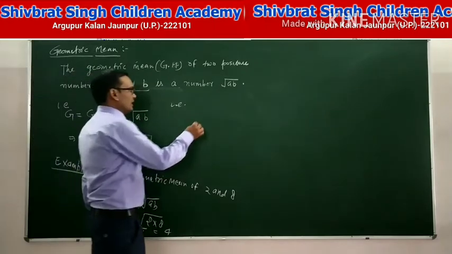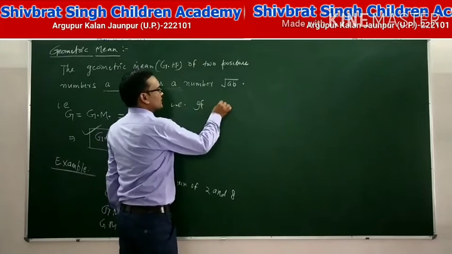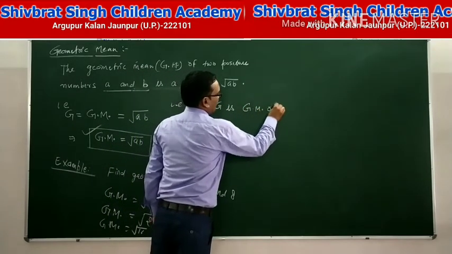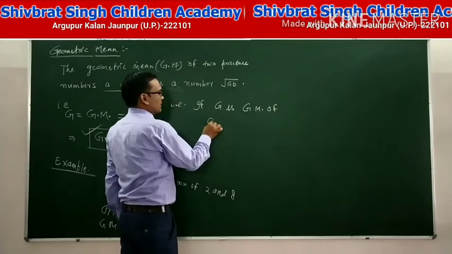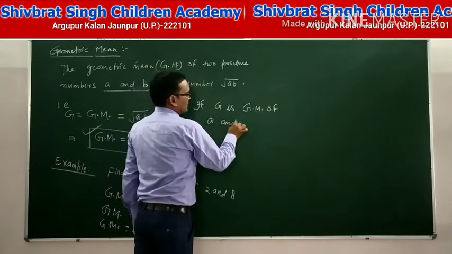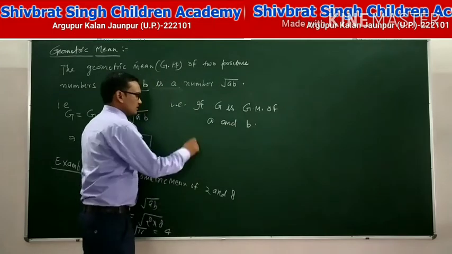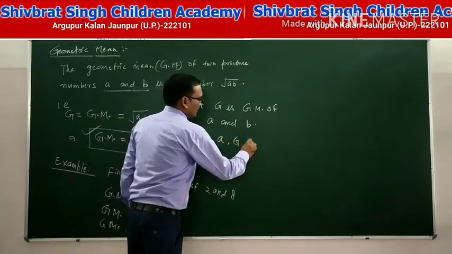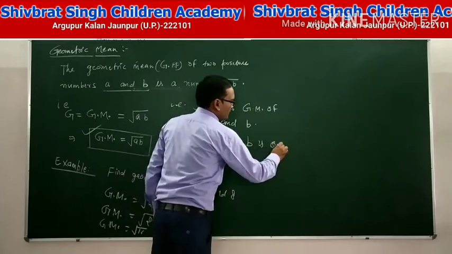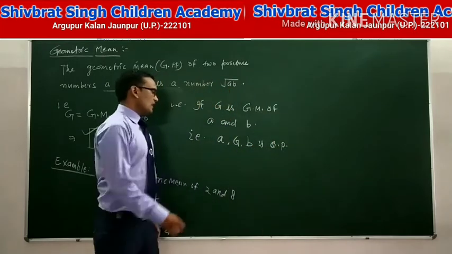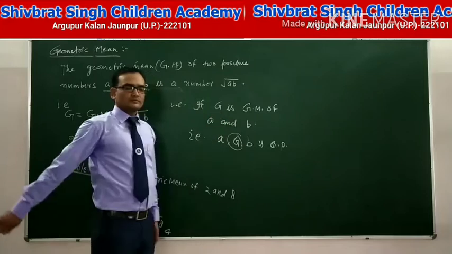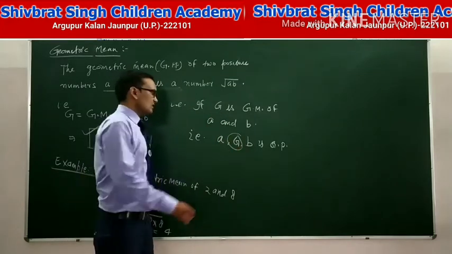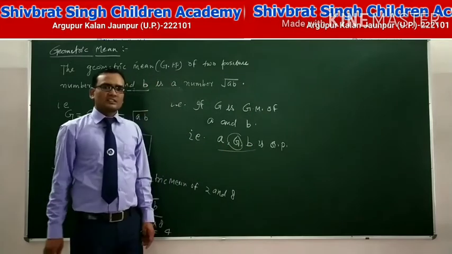That means if G is geometric mean of two positive numbers A and B, that means A, G, B is a GP. A number between two positive numbers to make the resulting sequence a GP.